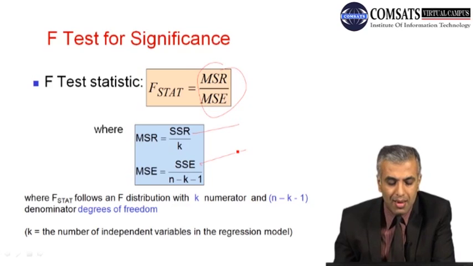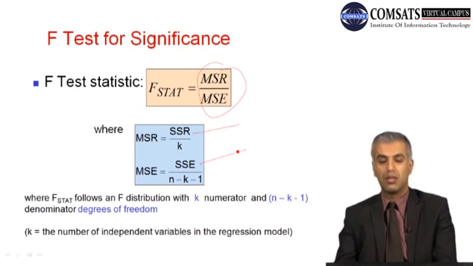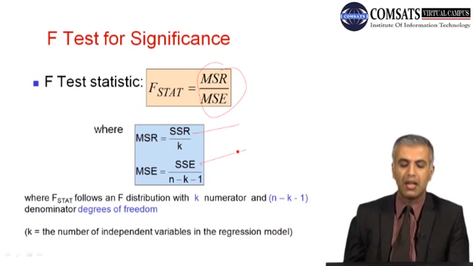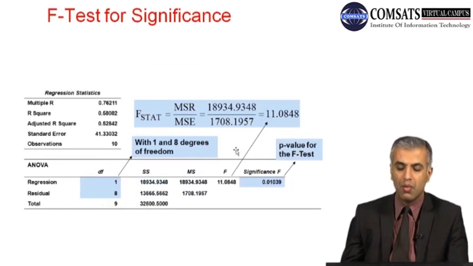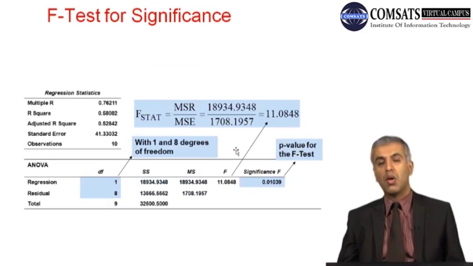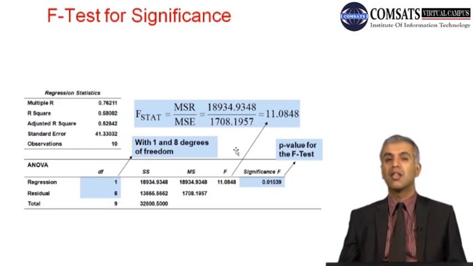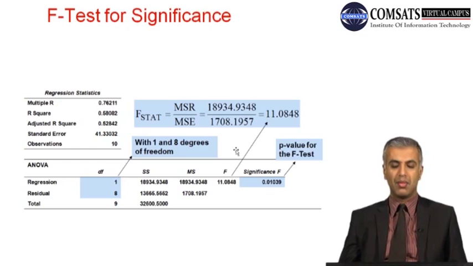The degrees of freedom also have their part here, and based on that we calculate the final F statistic, which is then used to validate whether the model is valid or not. So these are the results for the F test for significance in the case of the data set which we have been discussing before.